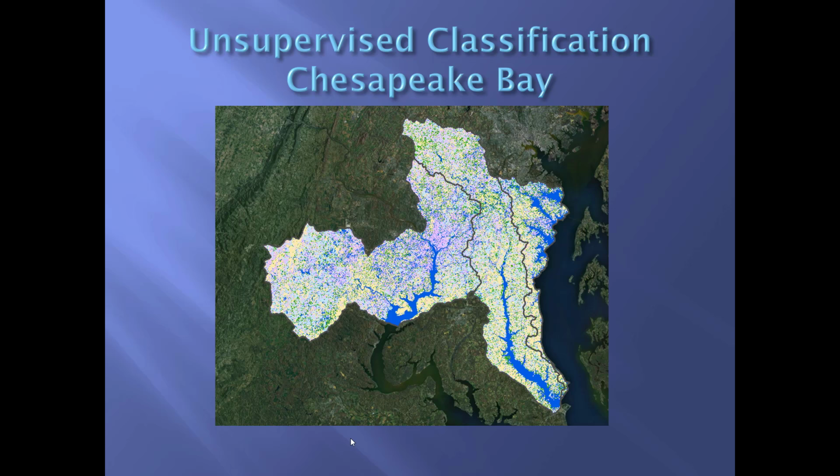Here's an example from your lab of an unsupervised classification of the Chesapeake Bay, and the image has what's called a salt and pepper effect. It hasn't been smoothed or filtered, and so this is just based on algorithms, and the computer puts information into classes using the ArcGIS functionality.